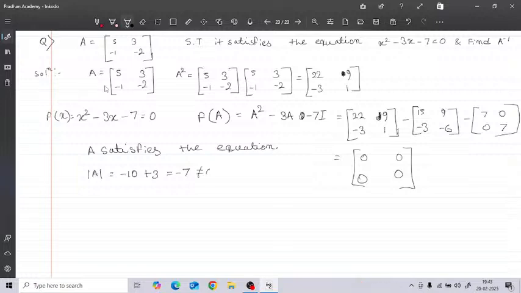Minus 7, that is non-zero. Okay, A inverse exists.